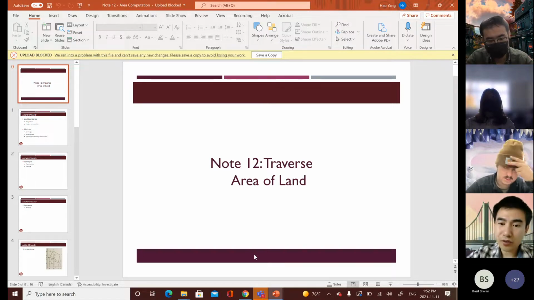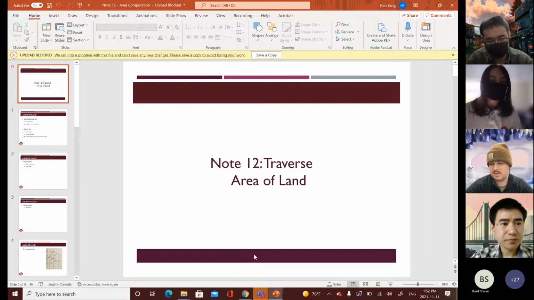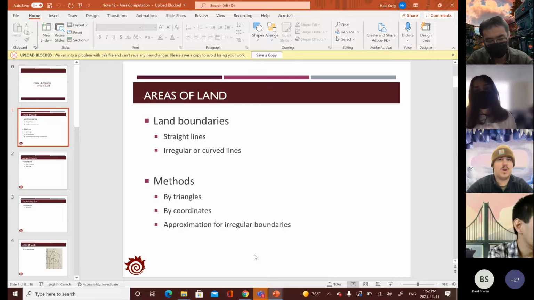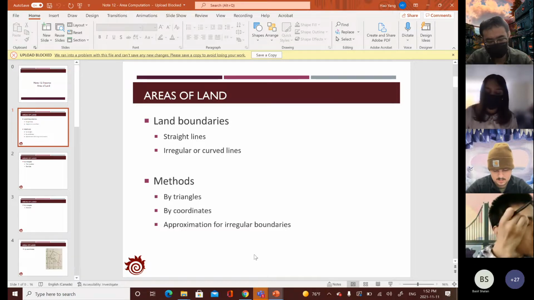The other purpose is trying to calculate the areas covered in those boundaries. And this is what we're going to cover in this lecture. The land boundaries could be a straight line. It could also be an irregular curved line.